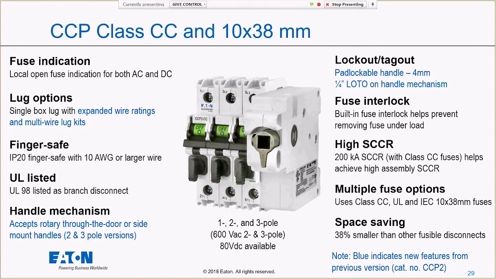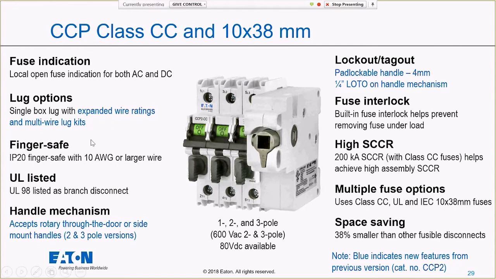You have a 200 kA short circuit current rating with this. Generally speaking, the cost is equivalent to a normal class CC fusible disconnect, so it should be really close. And it's 38% smaller. So for the same price, you get something 38% smaller than what you were using.